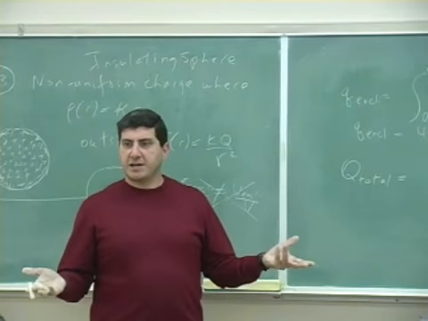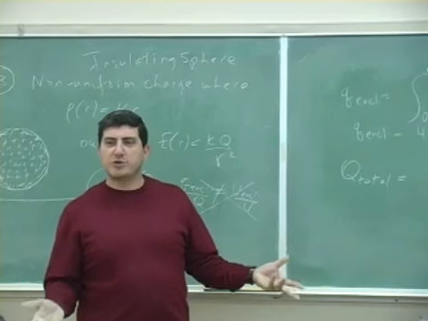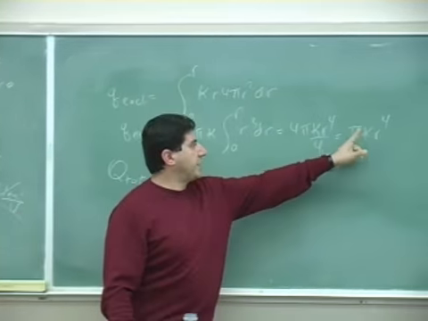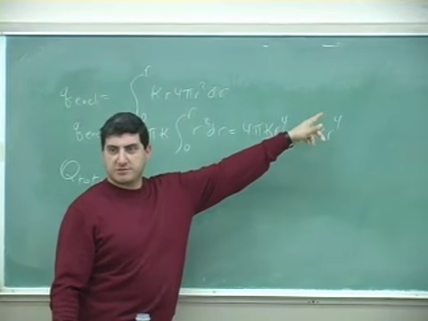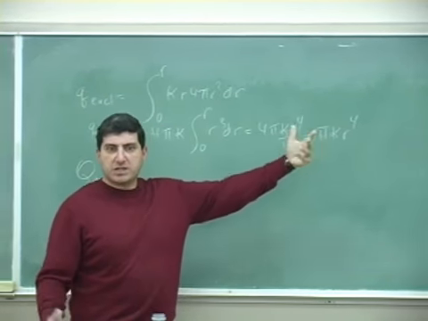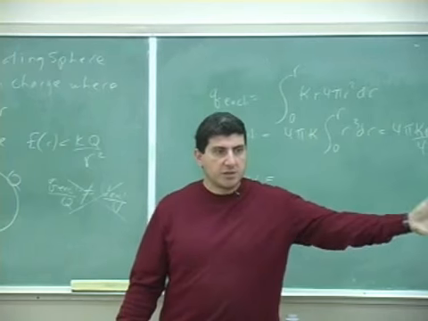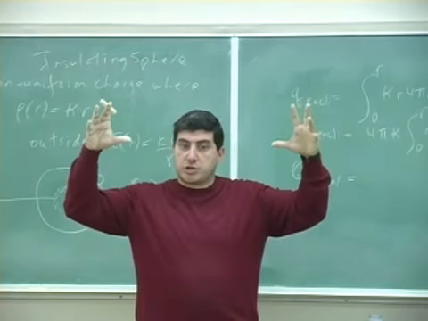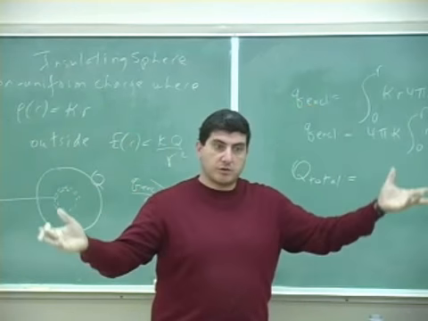The only difference is, I don't have to redo the whole integral. The total charge is going to equal pi kappa big R to the fourth. Because if the Q enclosed is pi kappa little r to the fourth, then once you get to the total charge of the sphere, it's pi kappa big R to the fourth.